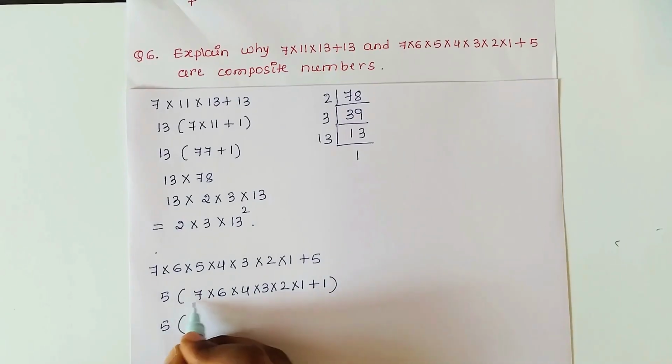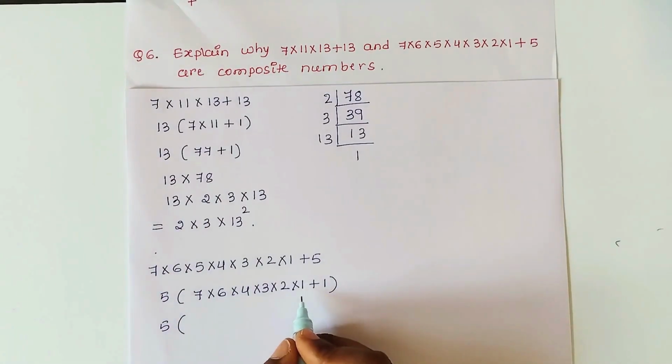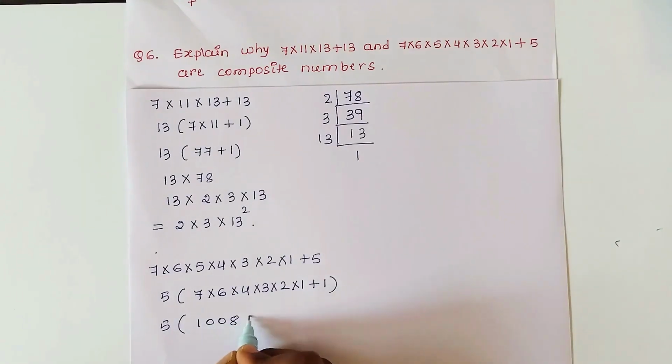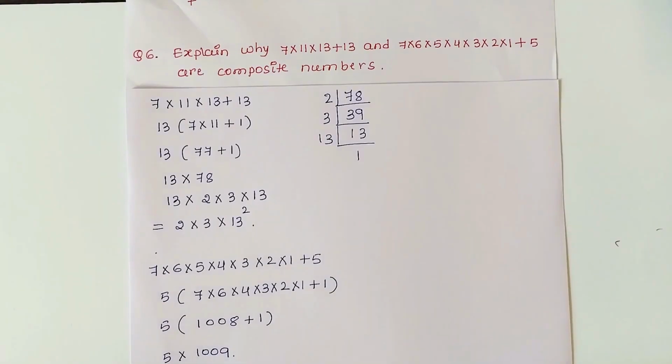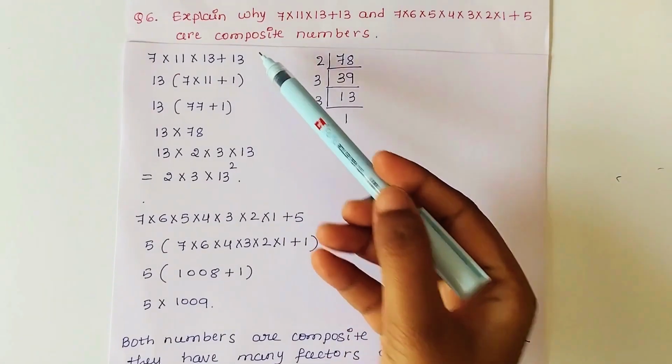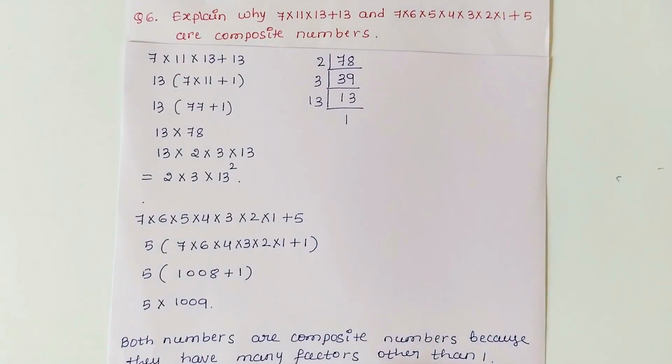If I multiply all these digits, I'll get 1008 plus, again it is 5 into... 1009. So I have expressed this number as a product of primes. These two numbers both are composite numbers because they have many factors other than 1.